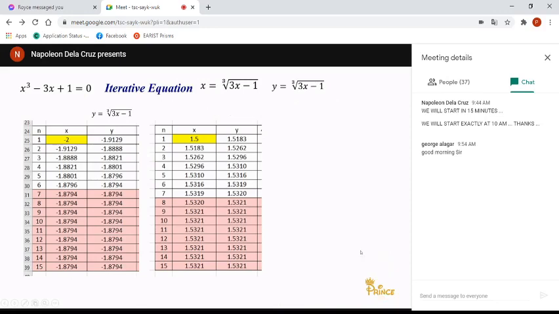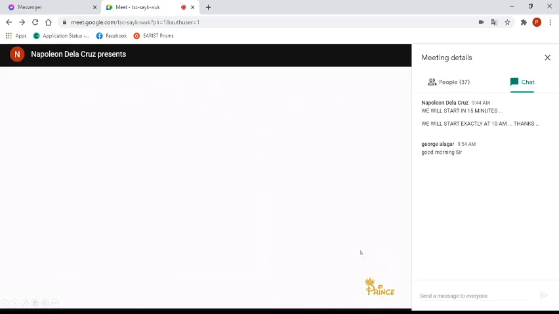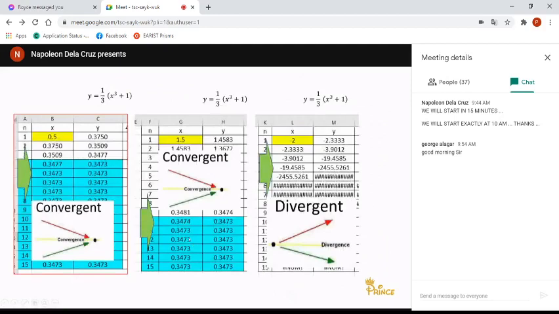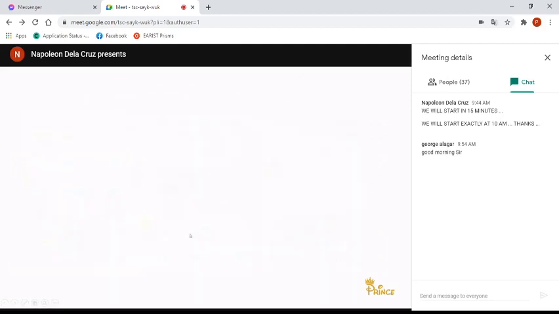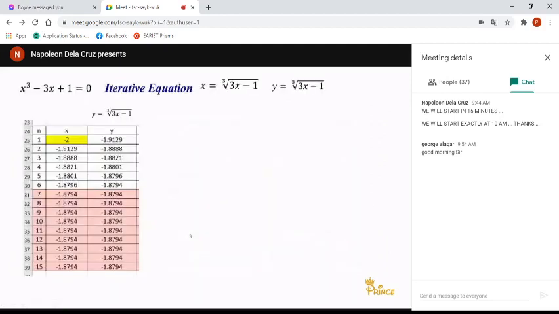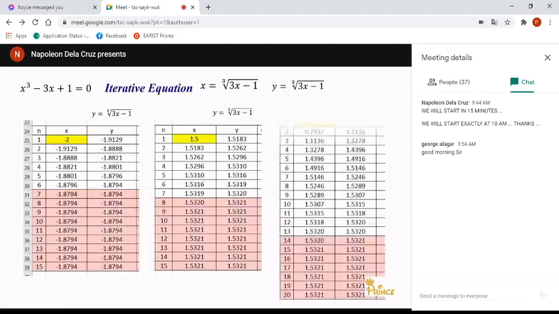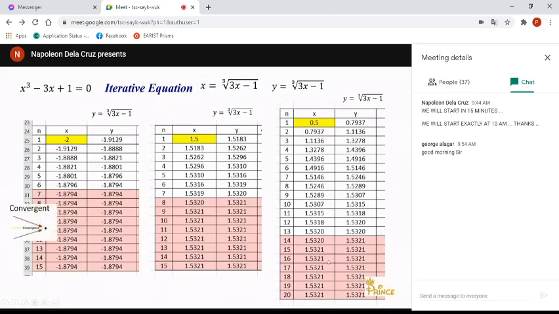Kanina meron na ha, meron ng convergence kanina, isa lang, 0.3473. Ngayon, we have another convergence. We have values again. Negative 1.8794, 1.5321, 1.5321. So therefore, this is convergent, this is convergent, this is convergent.